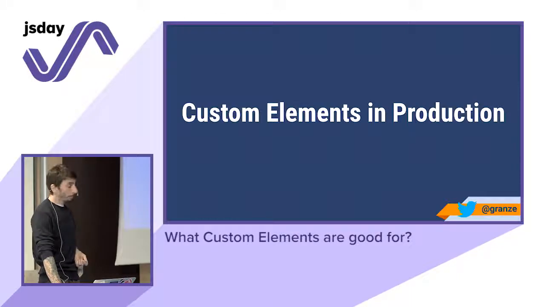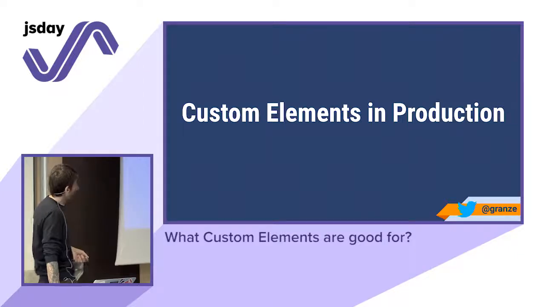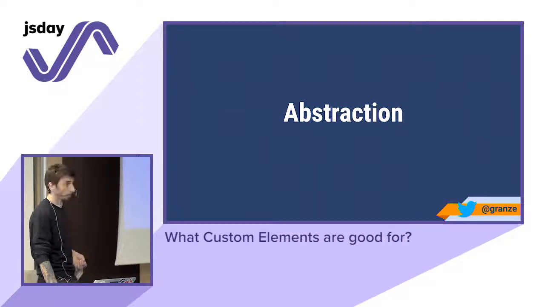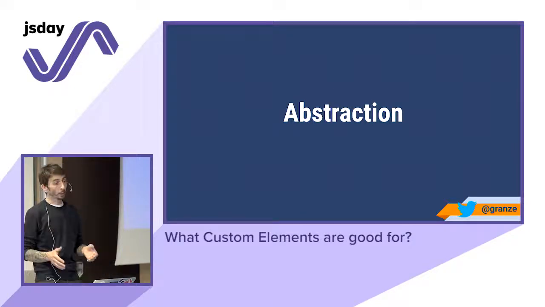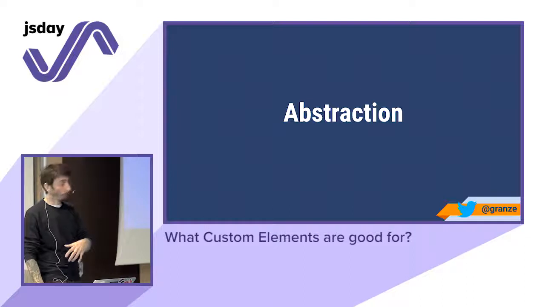So what about custom elements in production? I don't think there are really too many people using custom elements in production nowadays, but there are a couple of things to think of. First of all, abstraction. Why abstraction? Because this is a low-level API, and getters and setters are really, really verbose. For each property, you check every time if the property path is actually the same or a new one.